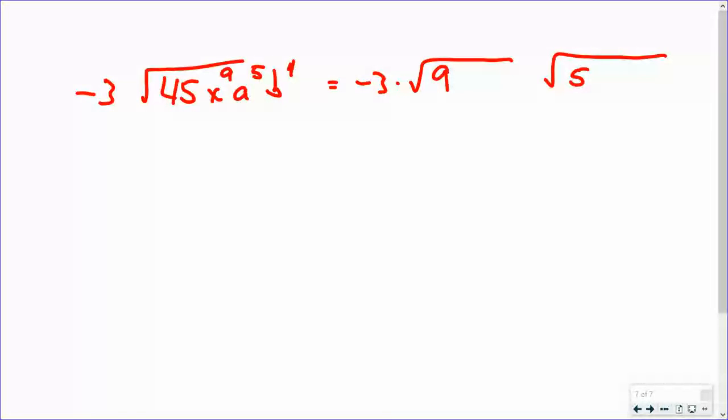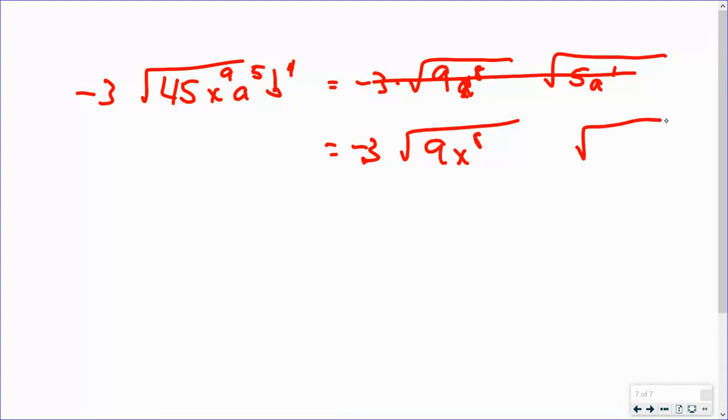A to the ninth, let's take out 8 and leave 1 behind. Excuse me, this should be an x. Let me write this again. So I've got -3 times the square root of 9, x to the 8th. This is 5x to the first. A to the fourth, a to the first there. B to the fourth.